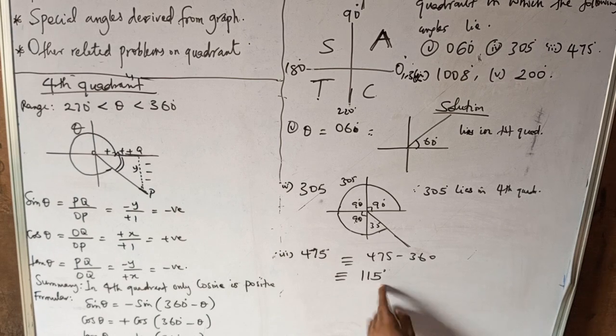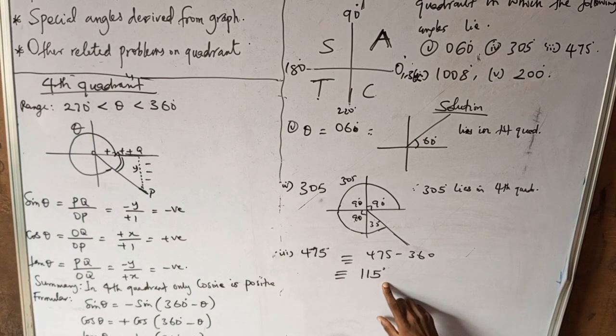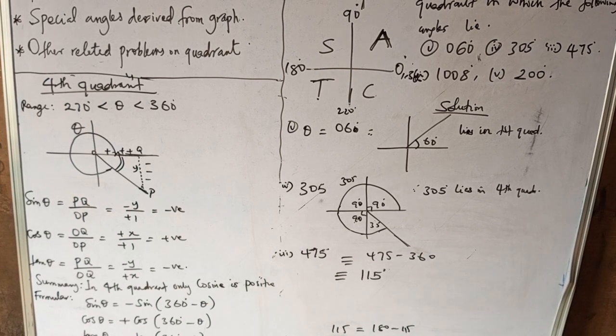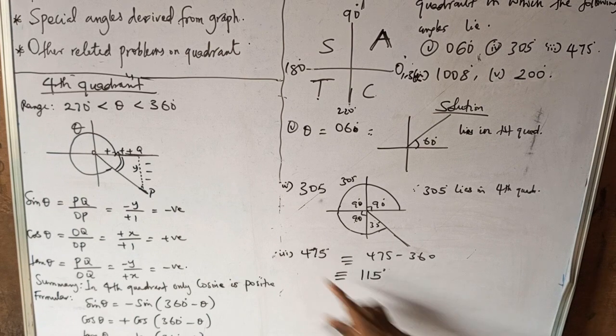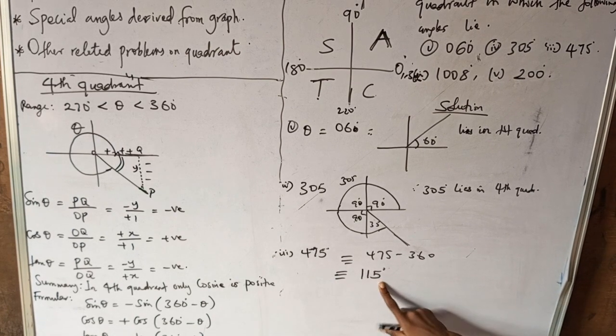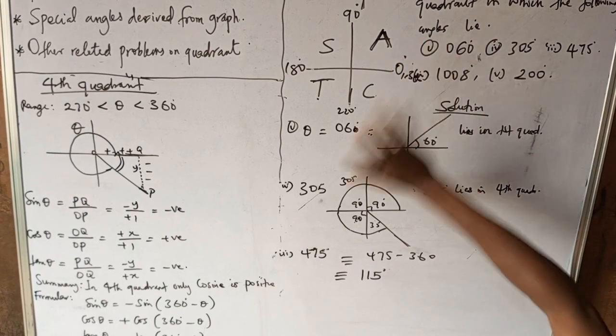My 115 can also be converted to the acute angle. Further still, 180 minus 115 will give me the acute angle equivalent. But that's not what we are asked to do. We are just asked to locate the quadrant in which this lies. Since this is less than 360 degrees, 115 is greater than 90 but less than 180.